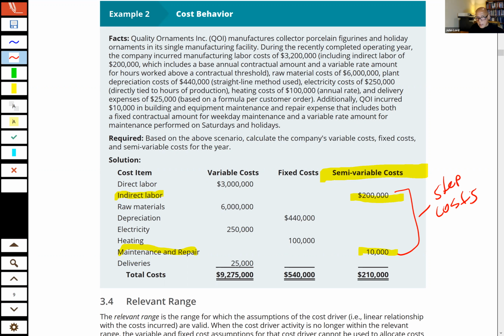To me, the utility bill is a true semi-variable in that it has a variable and fixed component to it. Step cost says, hey, for so many units, it's fixed, and then if I increase the number of units, it goes up, but it stays there for another number of units, and then it goes up again. That's why they call it a step.